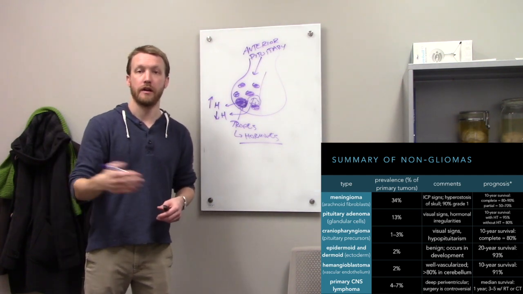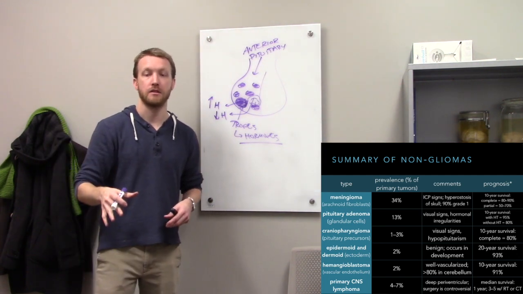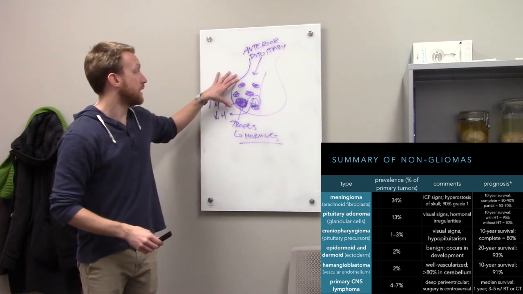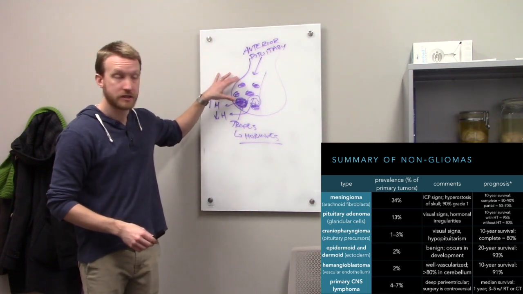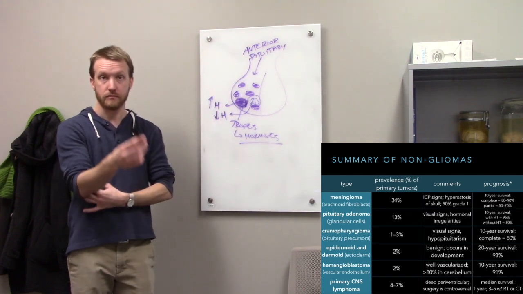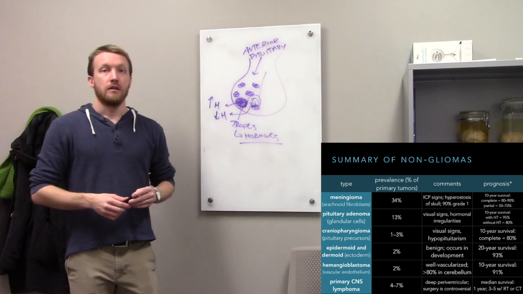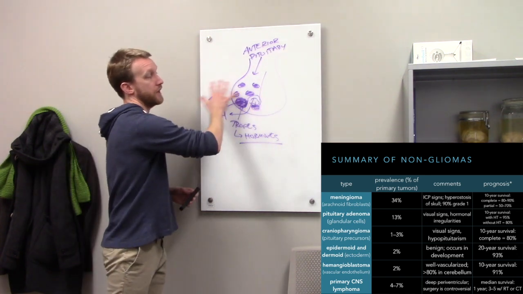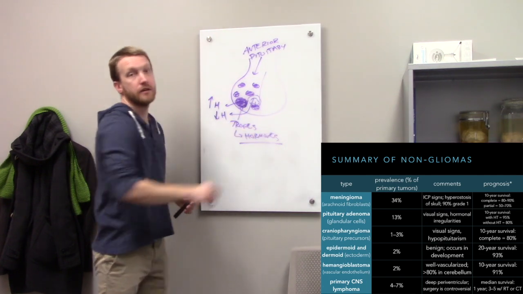So both are an option, but hormonal abnormalities are going to occur whenever you have cancerous growth in the pituitary, because the job of the pituitary is to spit out hormones. You also can see visual signs because of compression of the cranial nerves running alongside the pituitary.